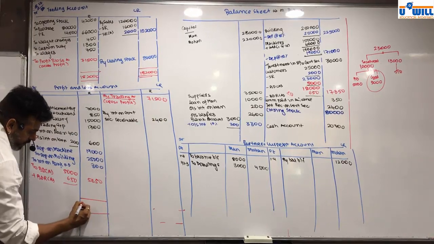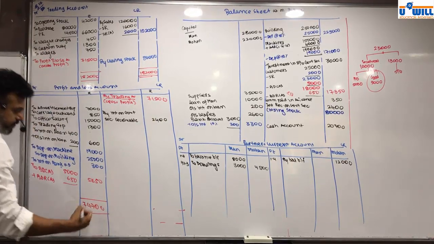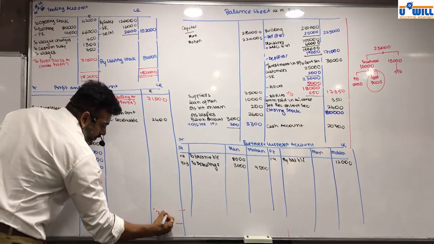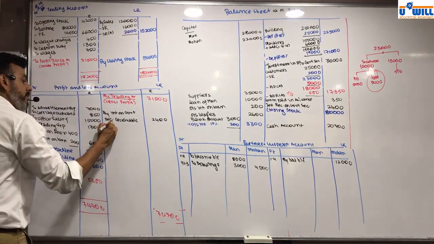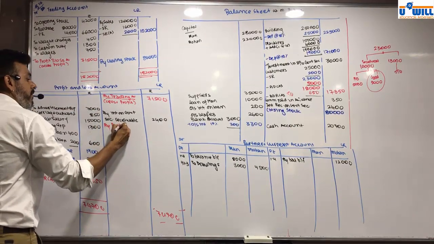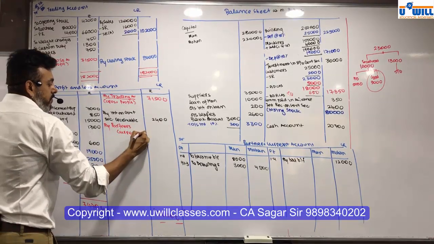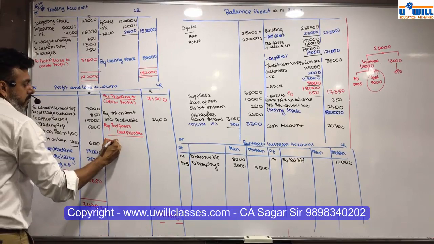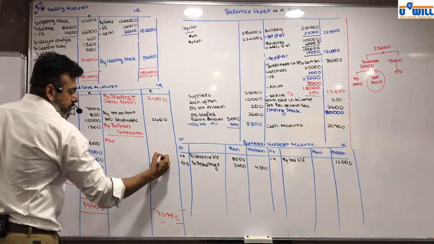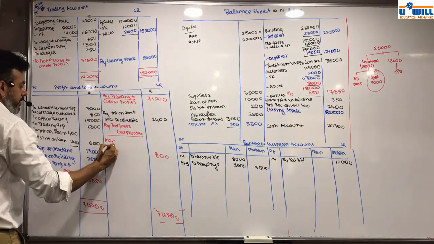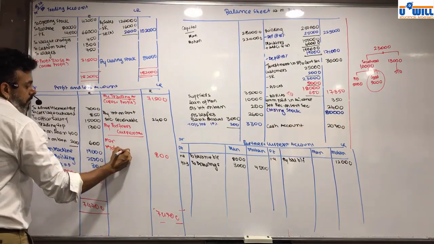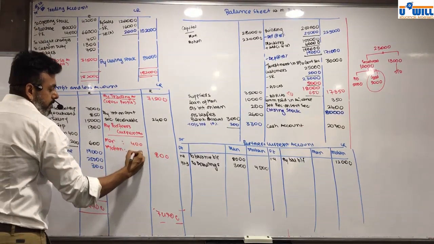It's a loss, so 74,700 by partners current account. What's the amount of loss? 800. Month and Mohan 400.